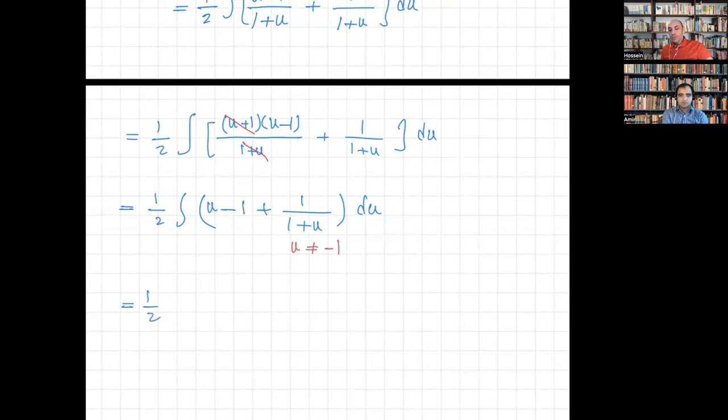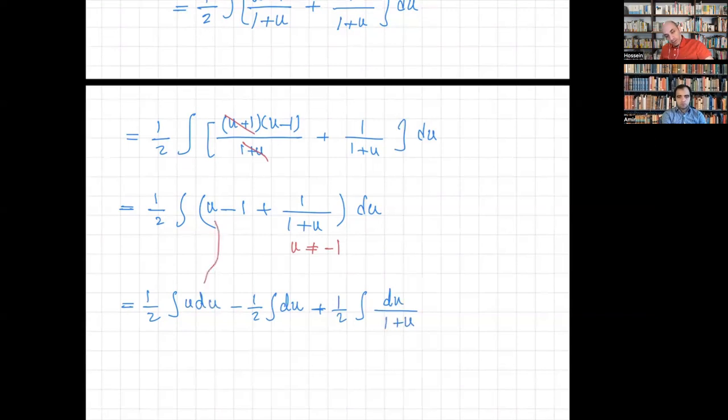Integral of u. So let me rewrite this in terms of 3 integrals. I have 1/2 integral of u du minus 1/2 integral of du, and then plus 1/2 integral of du divided by 1 plus u.